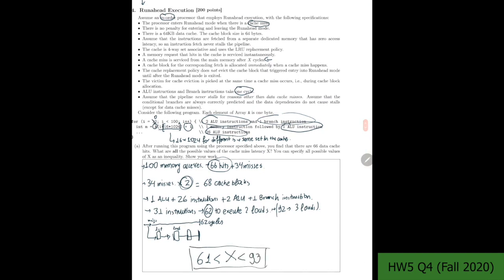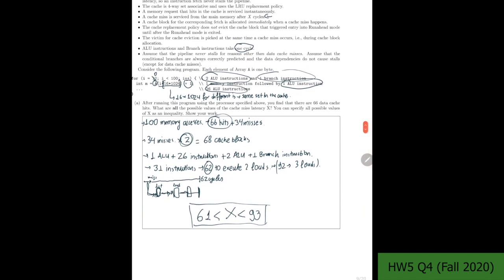I will repeat. If the miss lasts 62 cycles, then Runahead will have time to go in and fetch the first prefetched block. It will execute 31 instructions to reach the second memory miss, and then another 31, and it will exit Runahead mode.